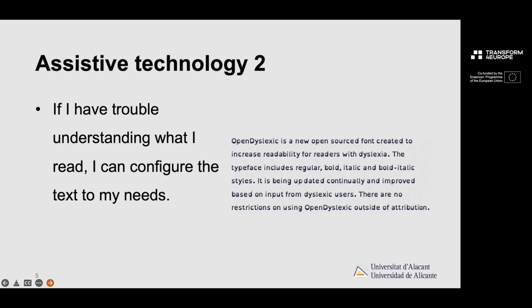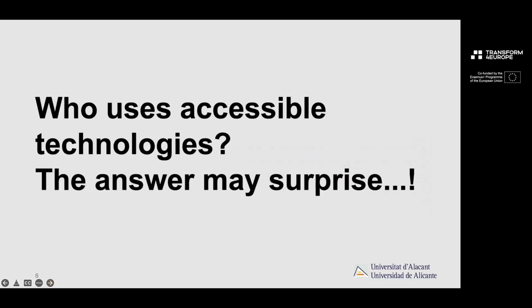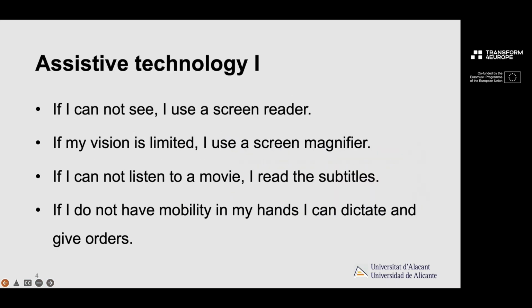Okay. I move a finger across the screen, and the screen reader says all of the content. Okay, and we can click an element with two taps.